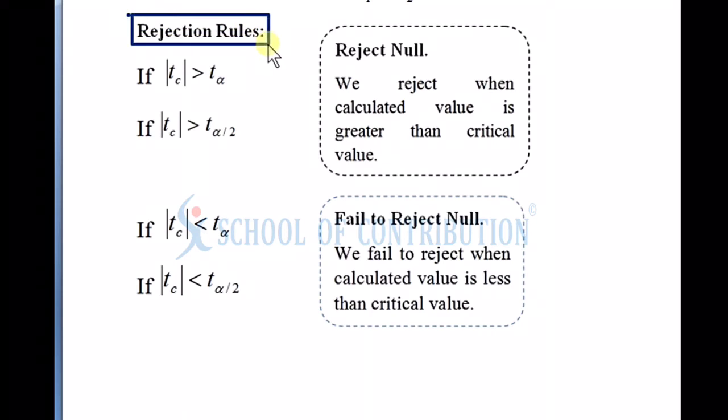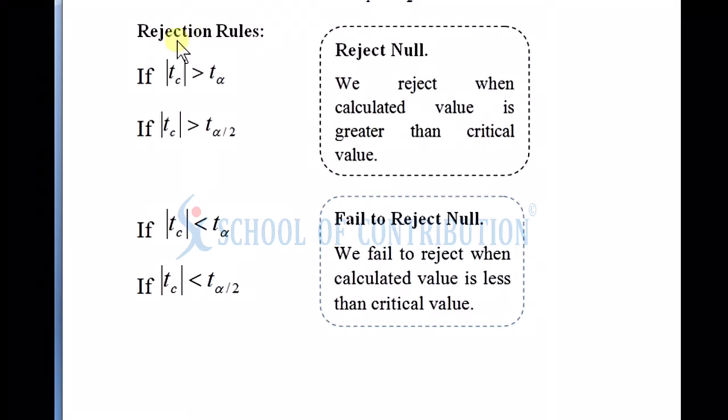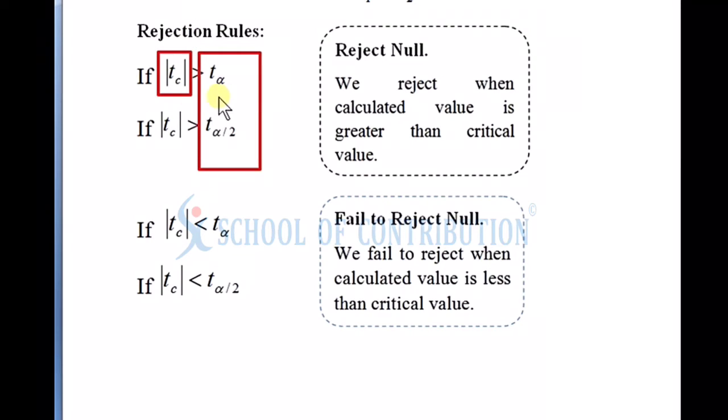Now we discuss the rejection rules for the test statistic method. If the absolute value of calculated t is more than the one tail or two tail critical value of t, in both cases we reject the null hypothesis.